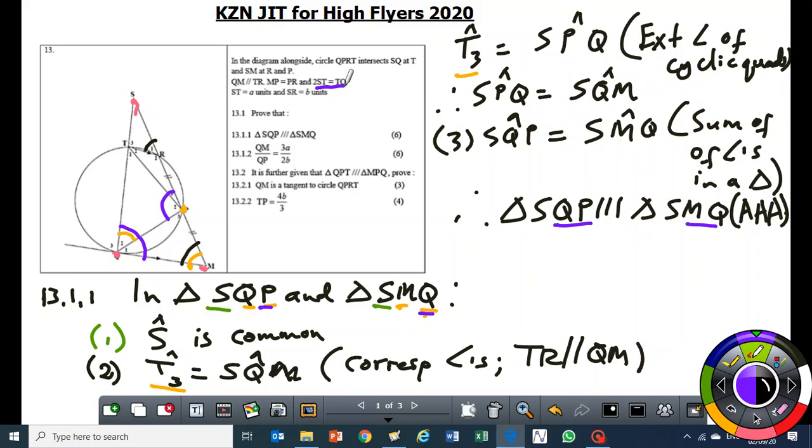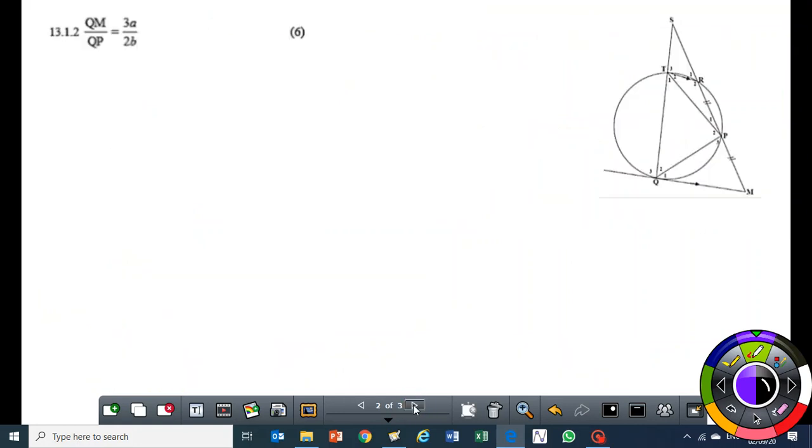Okay, so from there, let me put that on the diagram. So we have 2ST is equal to TQ. Okay, so if I call my TQ 2x, my TS will be x. Okay, and my SR is going to be y, my SM is going to be 2y.